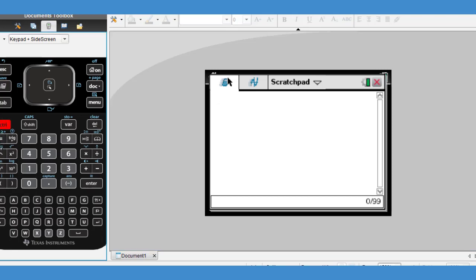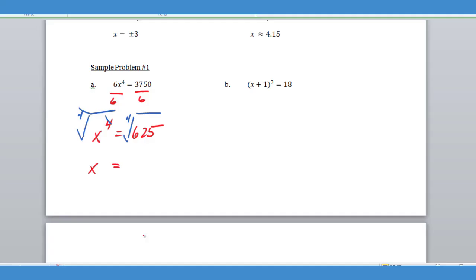So we're going to use that function, and it's going to give us two boxes with a template here. So I'm going to put a fourth root in that box, and then 625, and I'm going to hit enter, and that's a value of 5. So x is equal to 5 in this case.